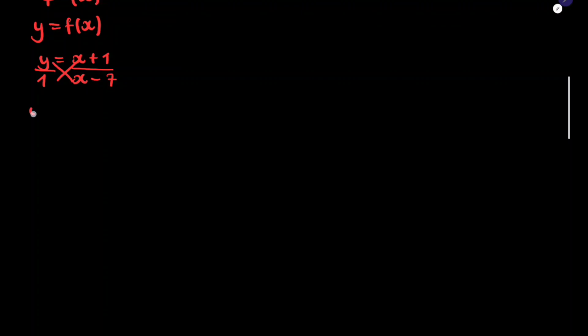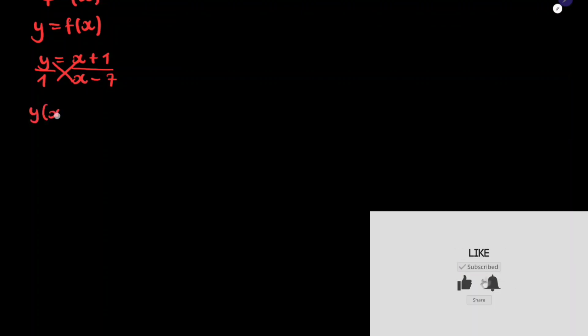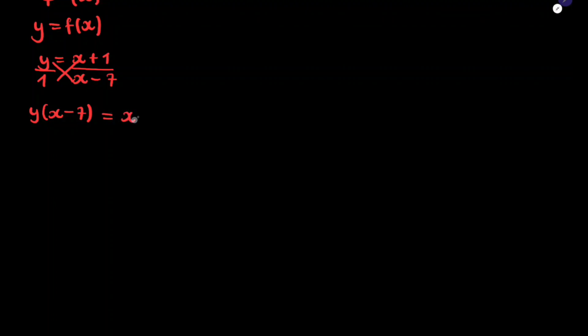So we are going to have y into x minus 7 equal to x plus 1. Now we are going to open this bracket, so we are going to have xy minus 7y equal to x plus 1.